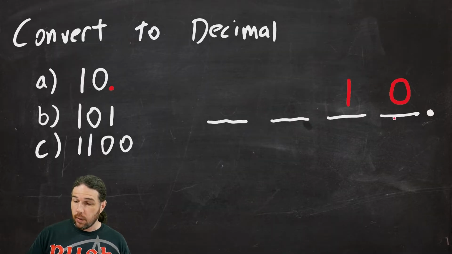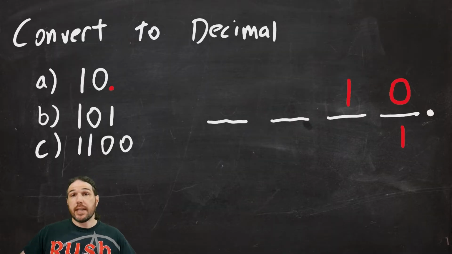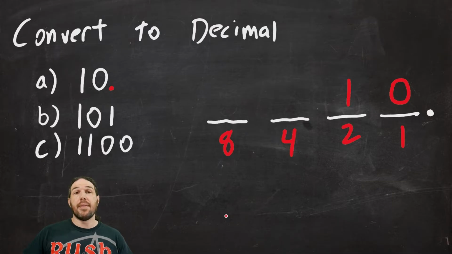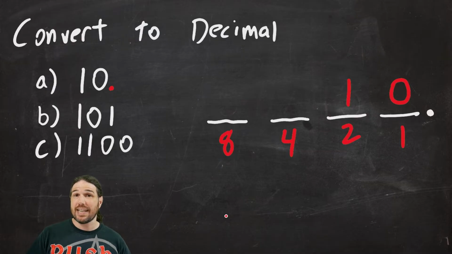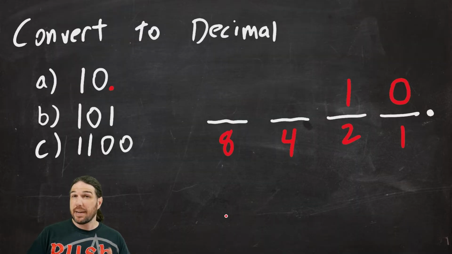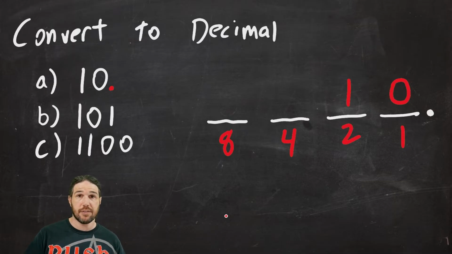We start with the ones place, and we double every time we go to the left. So this is the 2 place, the 4, the 8, and then the 16, 32, 64, and so on. As I said, memorizing the first 9 or 10 powers of 2 isn't entirely necessary, but it can be helpful, and I will go ahead and share that information with you at the end of this video.